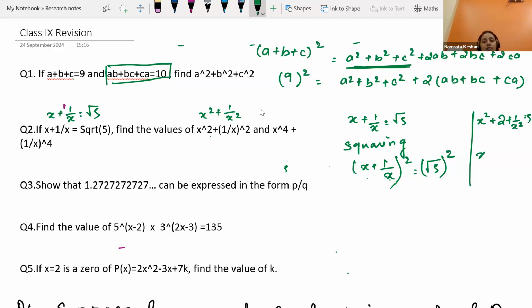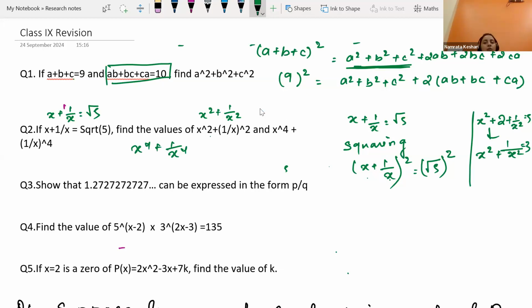Now by using this x square plus 1 by x square value, you can find x to the power 4 plus 1 by x to the power 4. Again you need to do is squaring on both sides. Let me tell you what will be the value. The value will be 3. Okay, check it.